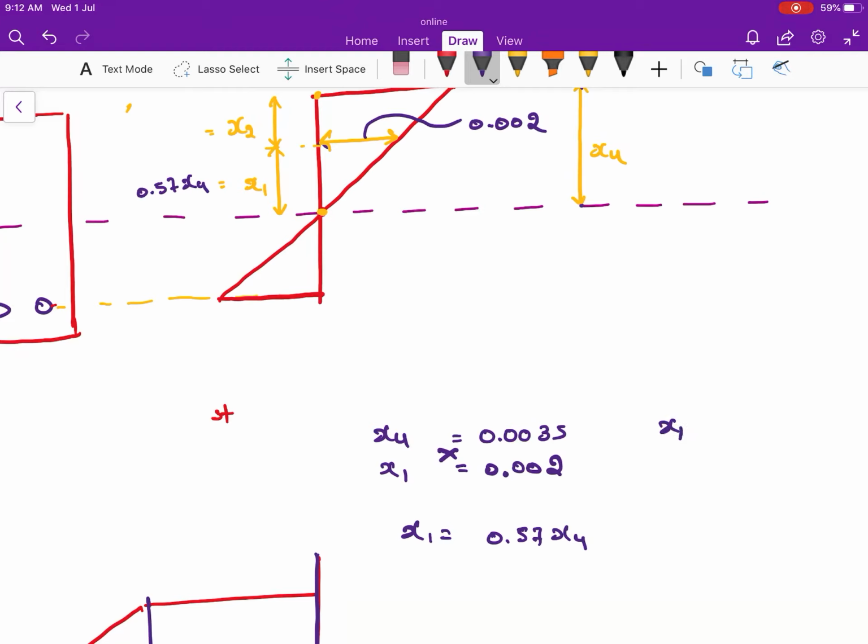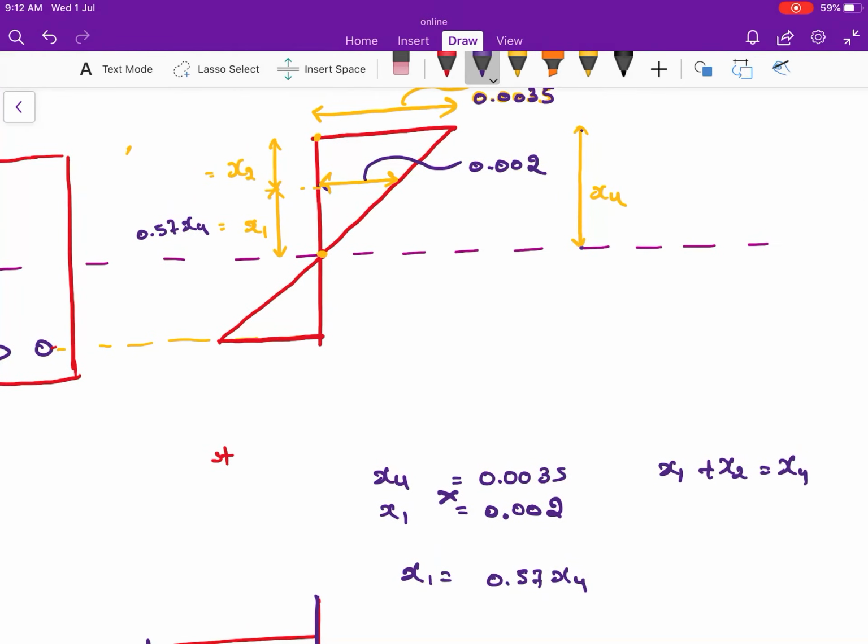So X1 plus X2 is equal to XU. Is it fine? XU is nothing but X1 plus X2. We have already found X1 as 0.57 XU, so 0.57 XU plus X2 is equal to XU. If you substitute these two values, the value of X2 comes to be 0.43 XU.